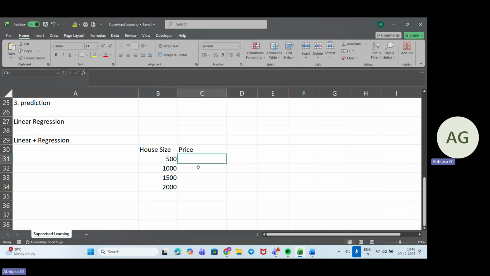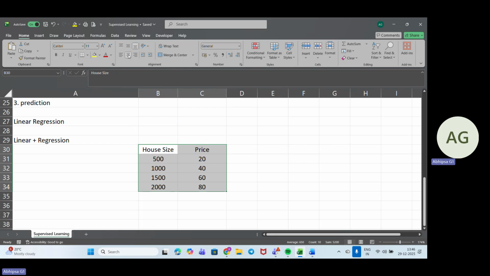Price-wise, 500 is coming around 20 lakh, 1,000 square feet goes to 40 lakh, 1,500 goes around 60 lakhs, and 2,000 square feet comes around 80 lakhs. So this is my data for training my model. This data I'll fit to the model.